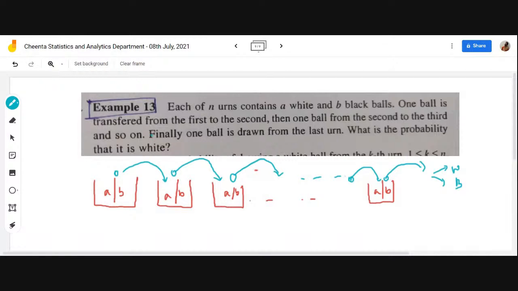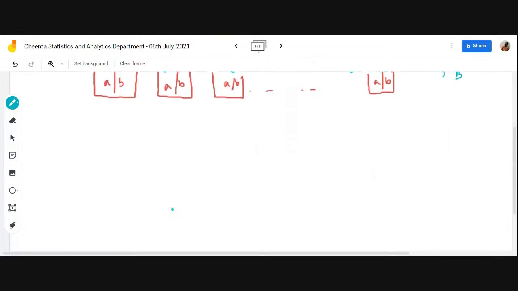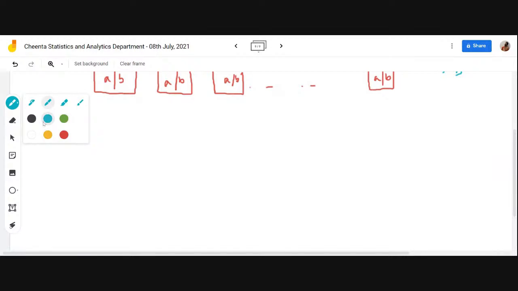Okay, so you can understand from here that the number of balls is conditioned on the previous one. So what I will do is I will do it for two cases. So understand something.